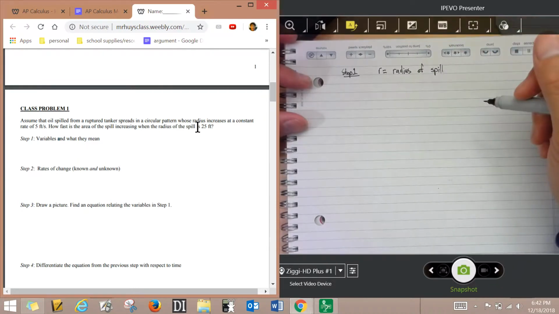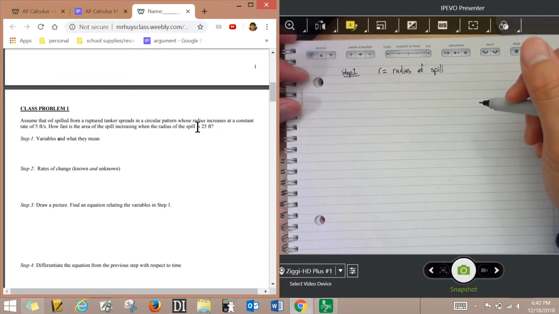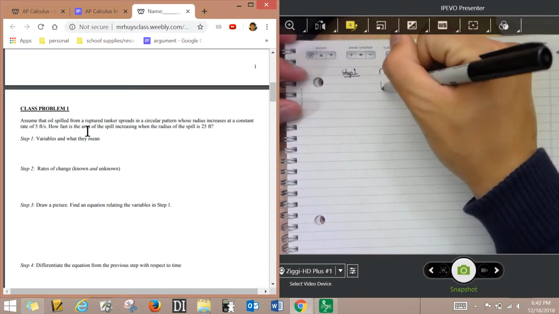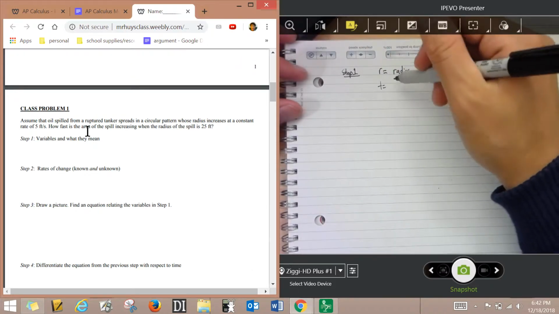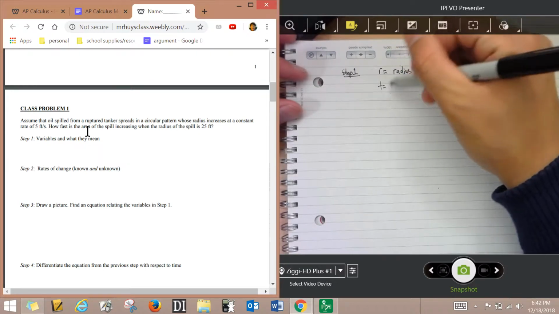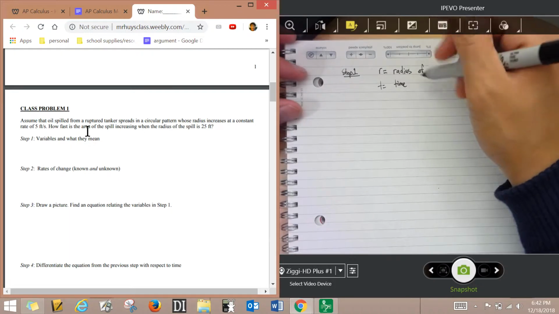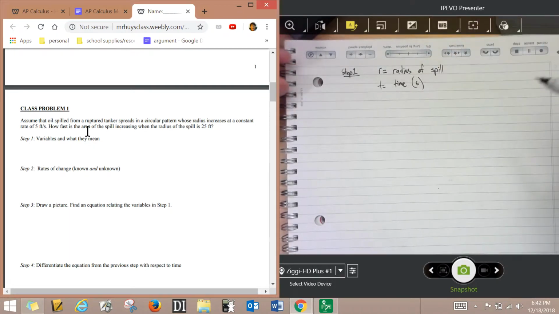Okay, what else do we know? One thing they didn't say is that time is a factor, because it's asking me, assume that the oil spilled with a rate of 5 feet per second. So t will end up being an actual variable that you have to consider. It's time, and the time is in seconds, so I'm going to define it within seconds.